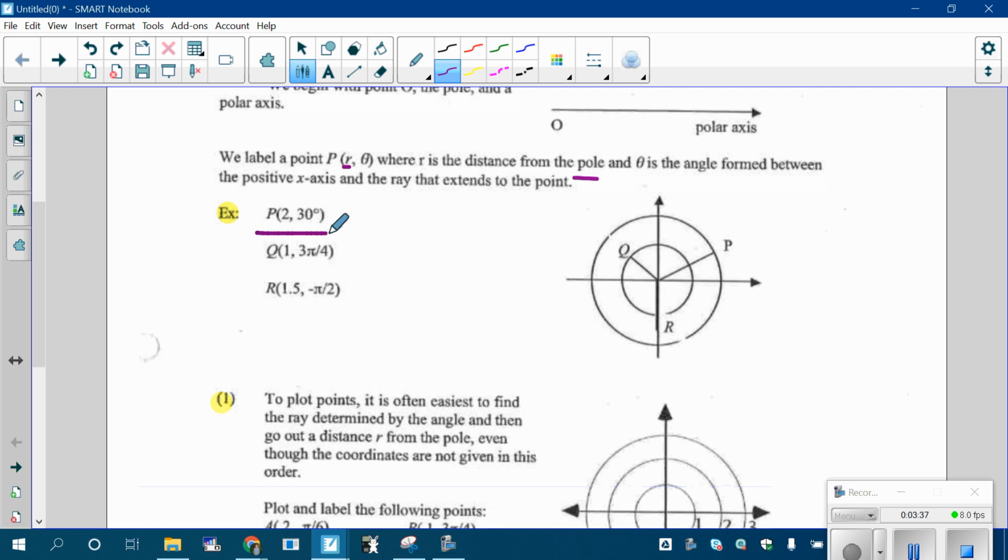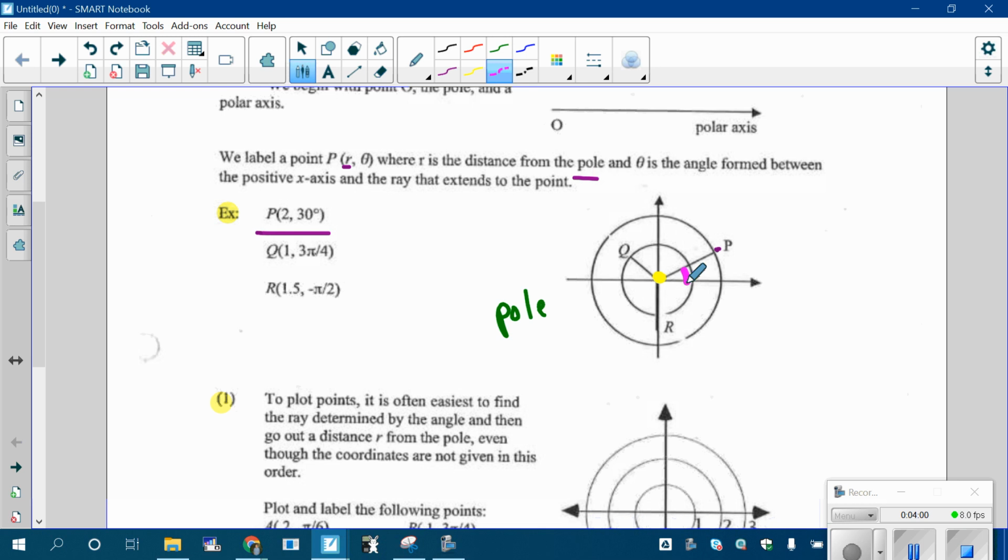So if you want to plot the point (2, 30 degrees), that point P is 2 units from the pole. So here's our pole, there's our origin, we call it the pole now, in polar coordinates. And that point P is 2 units from the pole, and it's spun up at a 30-degree angle.